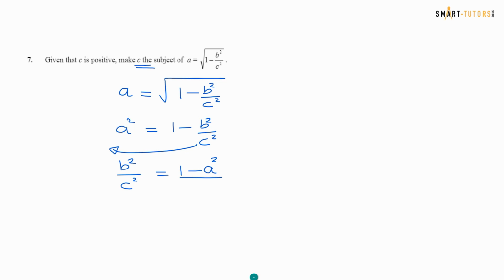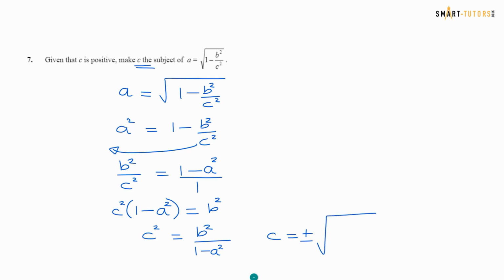Then 1 minus A squared over 1, I'm going to cross multiply, so C squared multiplied by 1 minus A squared equals 1 times B squared, which is B squared. So C squared equals B squared over 1 minus A squared. Then C equals plus or minus the square root of B squared over 1 minus A squared.